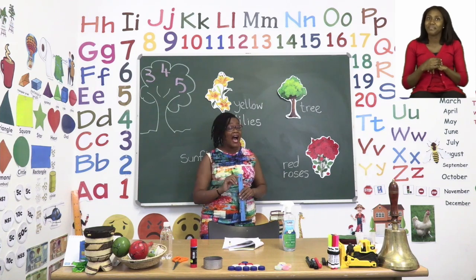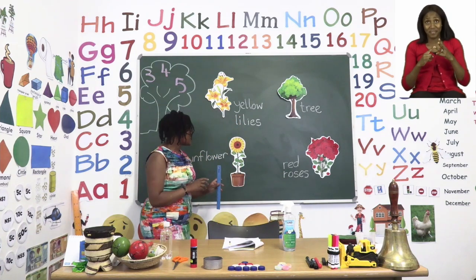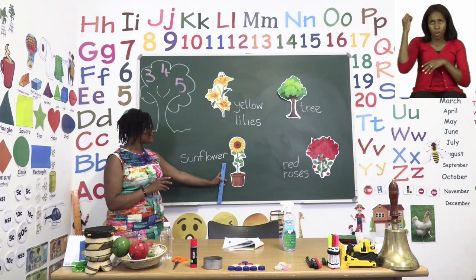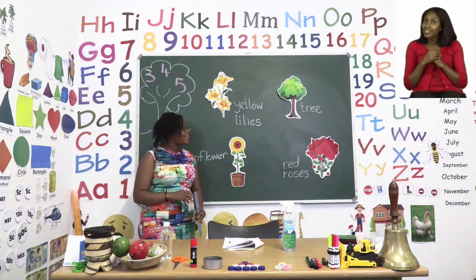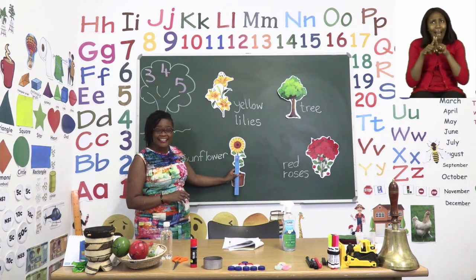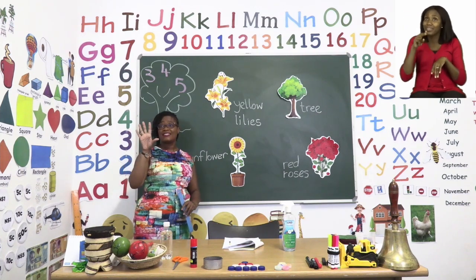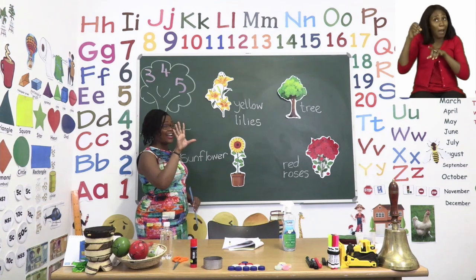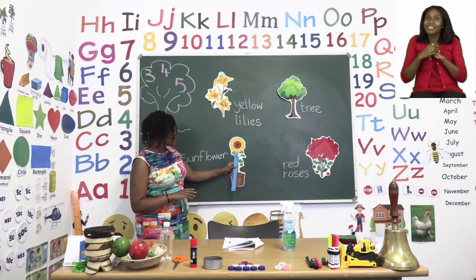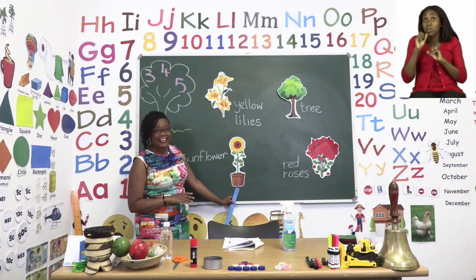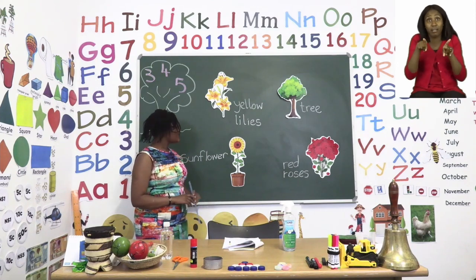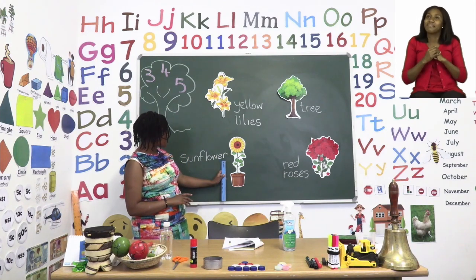Then there's other plants that we might know like a sunflower. Now as you can see, it looks like the sun, and that's where it got its name from because it follows the sun every time. The sunflower can also be put in a pot plant like the one you can see there. So this one is a sunflower.